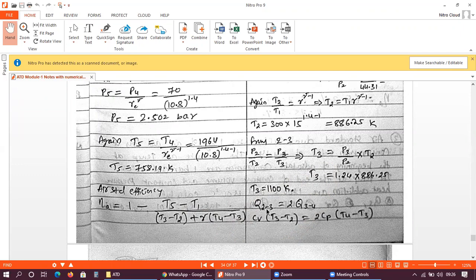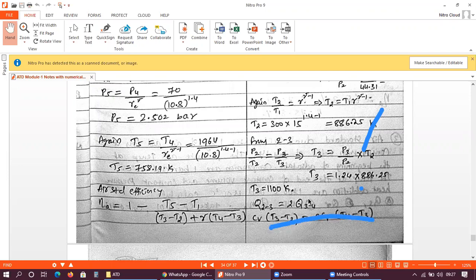So I write the expression in terms of Cv into T3 minus T2. This is the expression for heat addition during the process 2 to 3. And Cp into T4 minus T3 is the heat addition during the process 3 to 4, right?